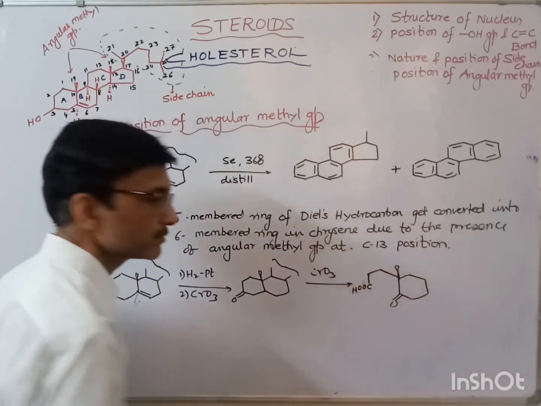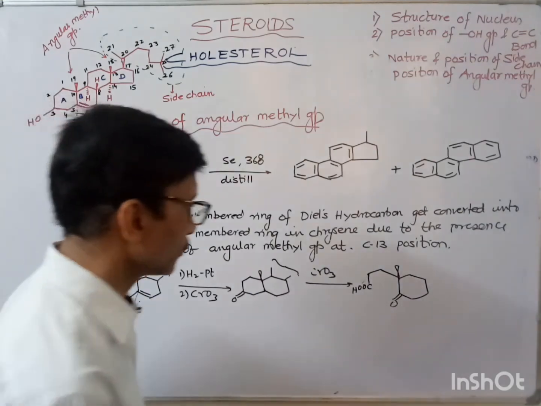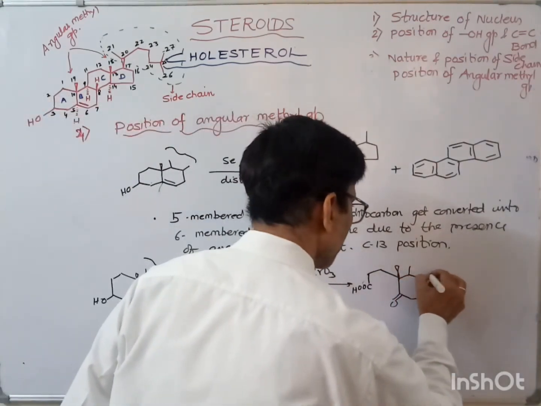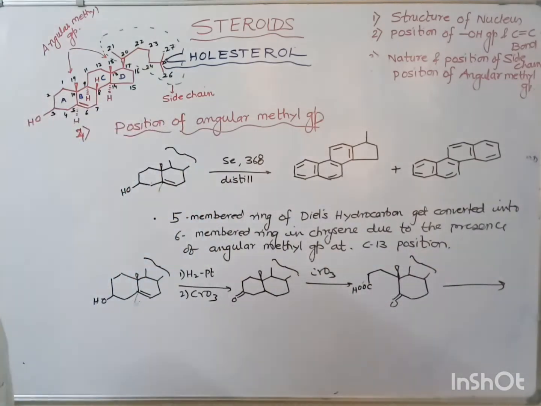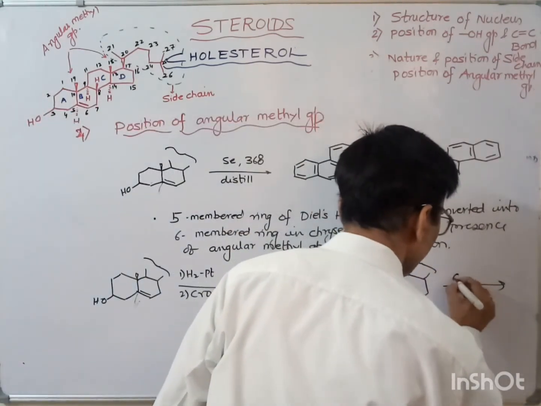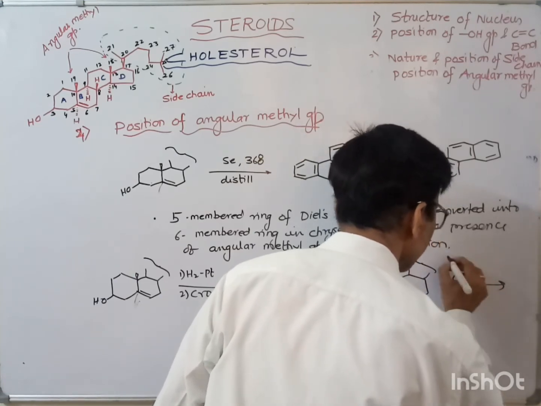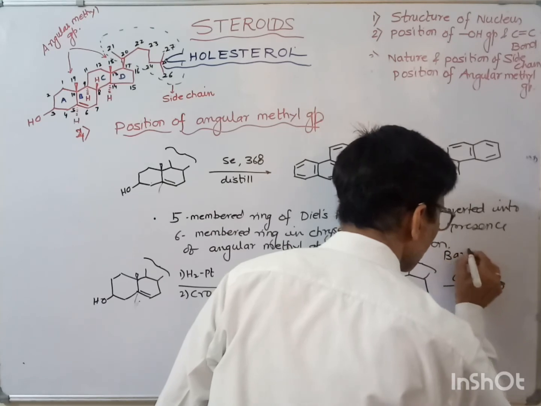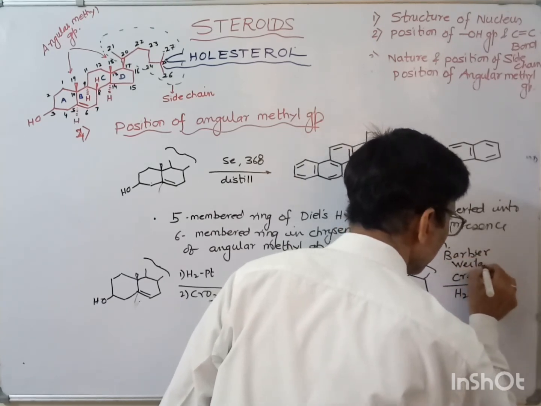Two times oxidative degradation occurs to get the keto group, and again two times chromium oxide oxidation in presence of H2SO4, also called the Barbier-Wieland degradation.